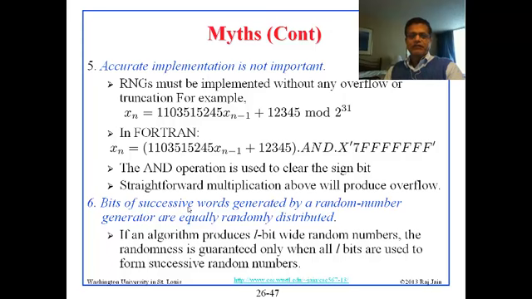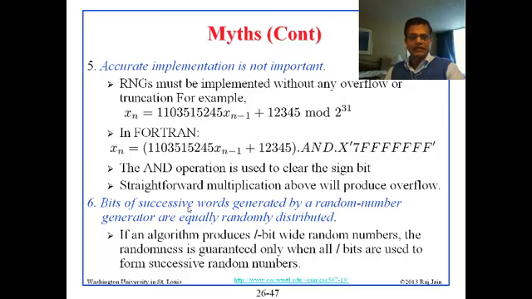Because if you multiply before clearing the sign bit, you may get overflow. So there are people who have done the implementation. So generally, you have to get the best. If you need to put it in your code, then get the implementation from somewhere where people have tested it out.